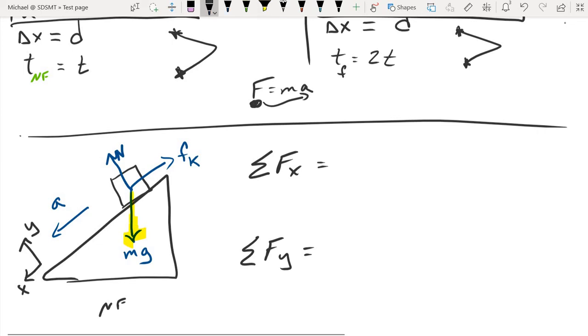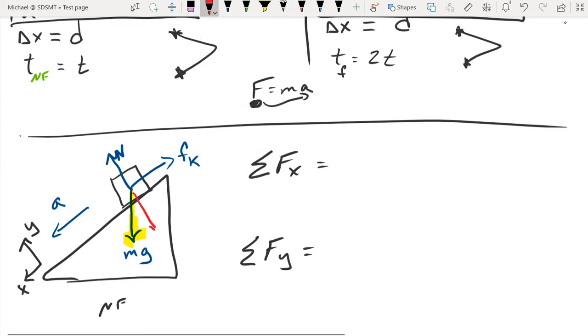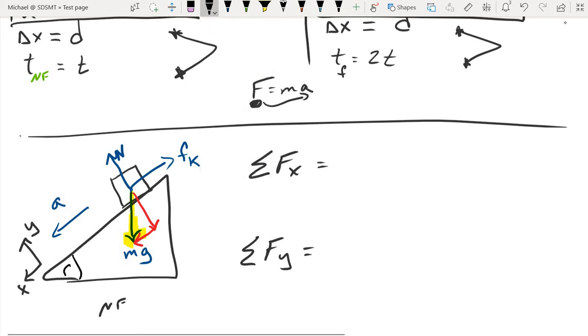And so the weight will need components along the x and y directions respectively, which are actually parallel or perpendicular to the incline. Then we need to incorporate the angle from the incline, theta, but that's just going to go in this top corner here. And this is something that we've seen in multiple examples in class.